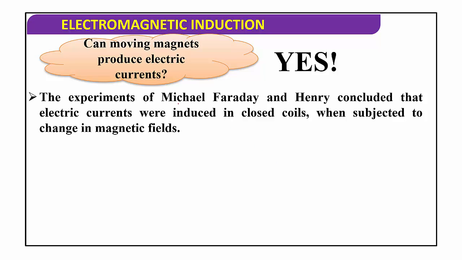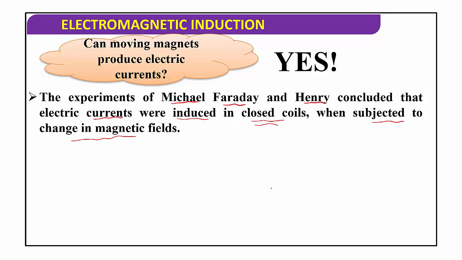It was found by the scientists Faraday and Henry. From the experiments of Michael Faraday and Henry, they concluded that electric currents were induced in closed coils when subjected to a change in a magnetic field. What did they conclude?